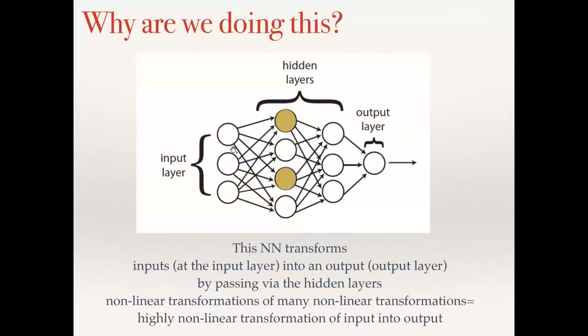What this neural network is doing is transforming inputs in the input layer into a prediction at the output layer, by passing all these inputs through the hidden layers. It takes an input and does a nonlinear transformation, which is then taken as an input for the next one that does another nonlinear transformation.